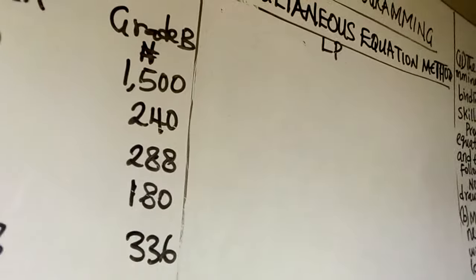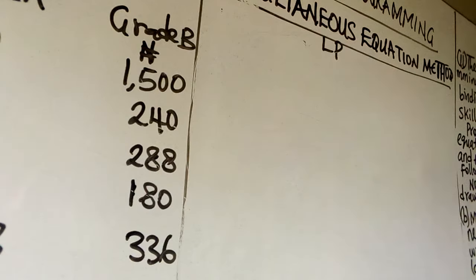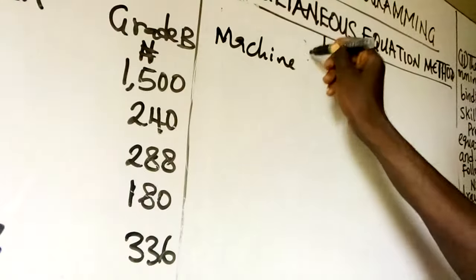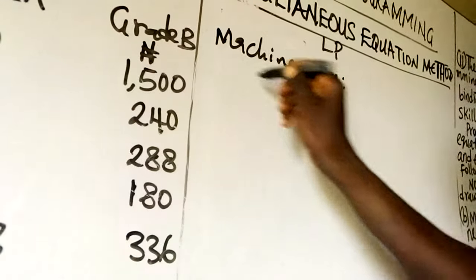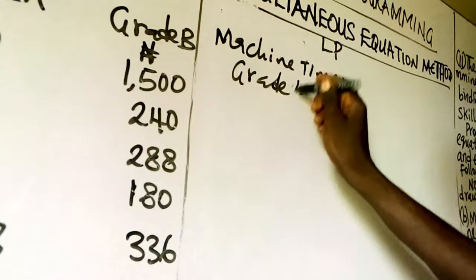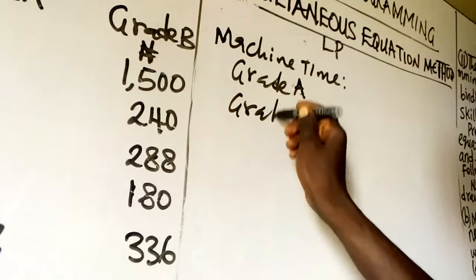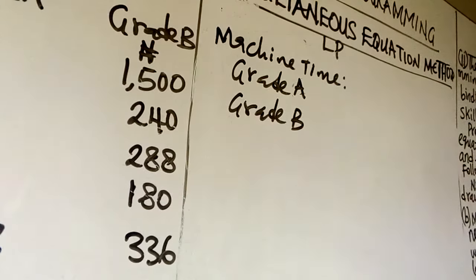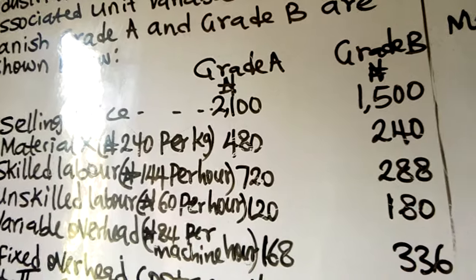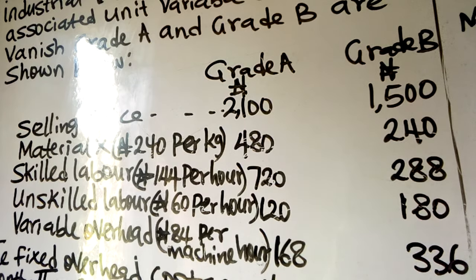So now the machine time for grade A and grade B. You are given costs of 168 at 84 naira per hour and 336 at 84 naira per hour.